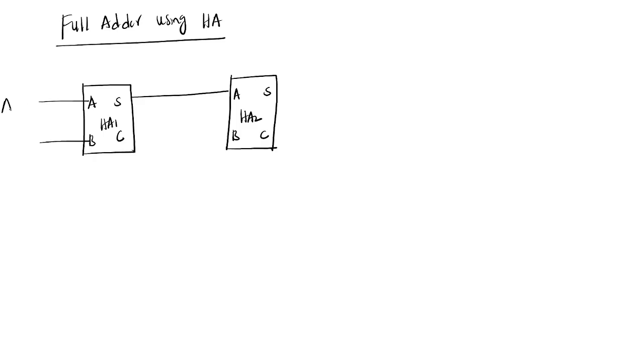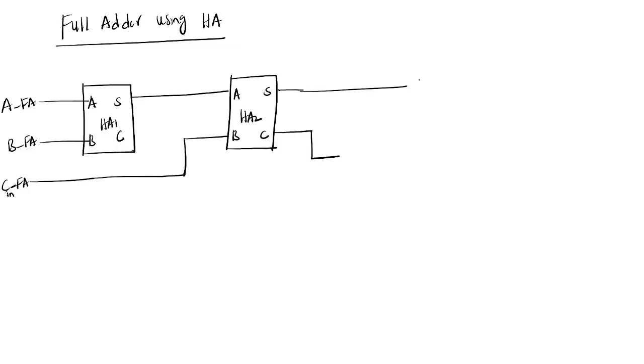So this is nothing but A underscore FA and B underscore FA. And one more input is there: carry in underscore FA. This carry in underscore FA is acting as an input for this B. This output is sum underscore FA.